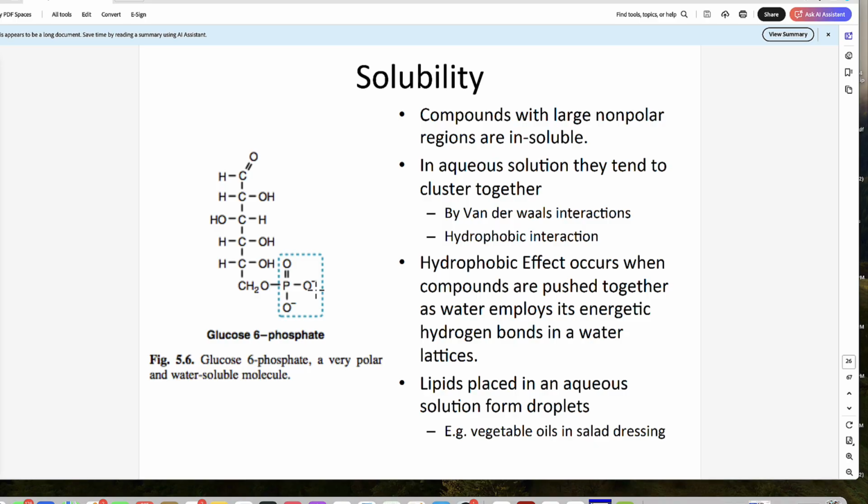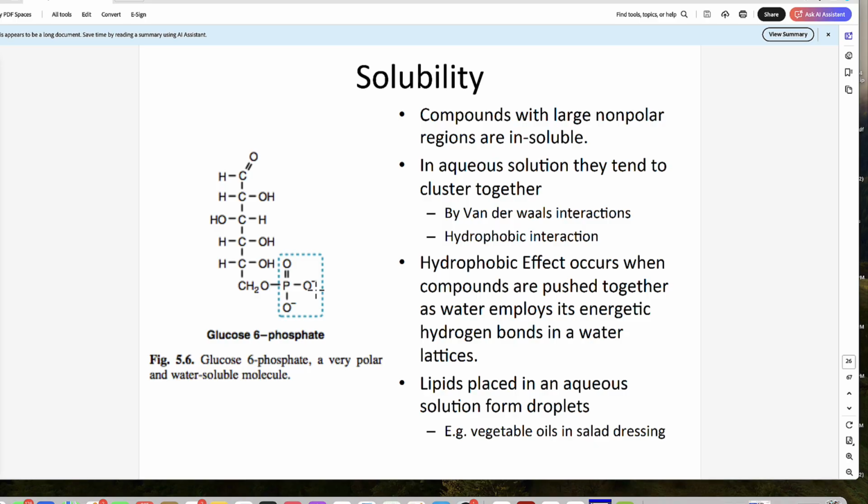So because of that, if you were to place it in the aqueous solution, they're going to cluster together. And when they cluster together, they can form what we call either van der Waals interactions, which you kind of see with the gecko climbing up a wall, right? That interaction is the van der Waals forces, or hydrophobic interaction. What is the hydrophobic effect? This occurs when compounds are pushed together and water employs this energetic reaction, and it forms like a lattice, okay?